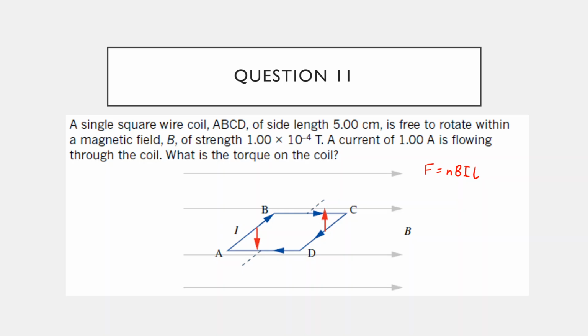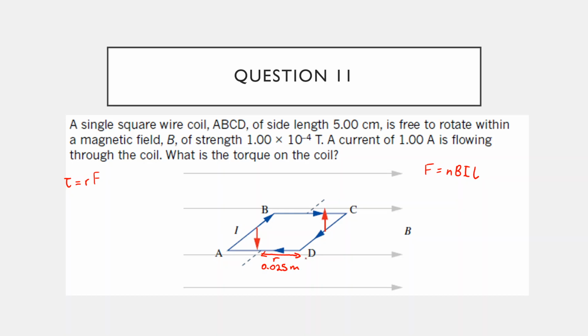However, we don't want the force, we want the torque. But we've got a very simple equation for the torque. It's equal to R times F. R is the distance from the axis of rotation at which you are applying the force, which in this case is that length here. If the coil is 5 centimeters square, then this length here is 2.5 centimeters or 0.025 meters.